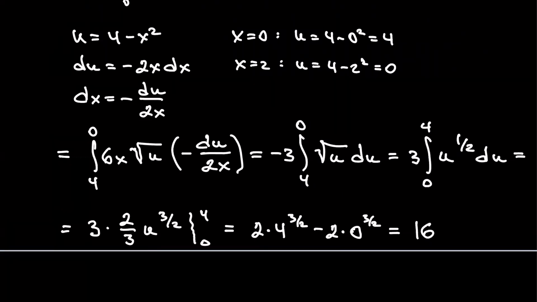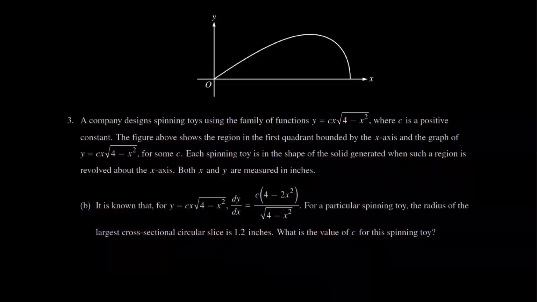Let's move on to question B. In this question, we are given that the derivative of this function, dy over dx, is given by c times 4 minus 2x squared, divided by the square root of 4 minus x squared. For a particular spinning toy, the radius of the largest cross-sectional circular slice is 1.2 inches.